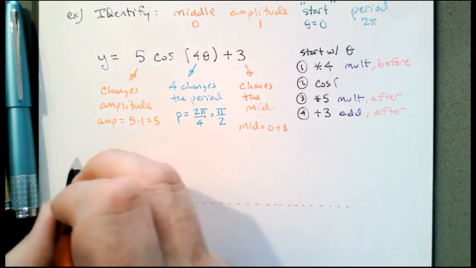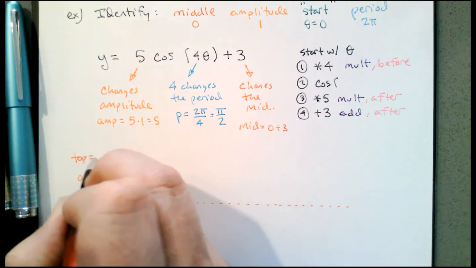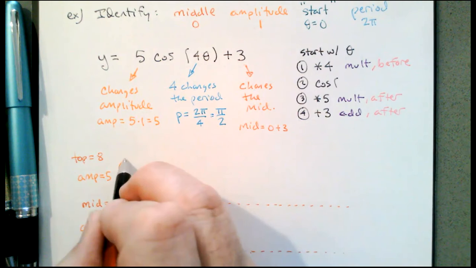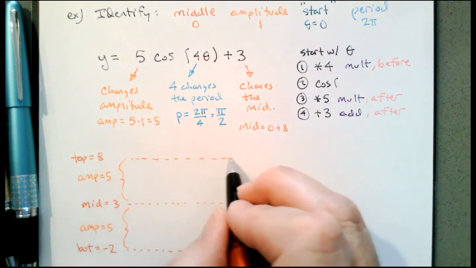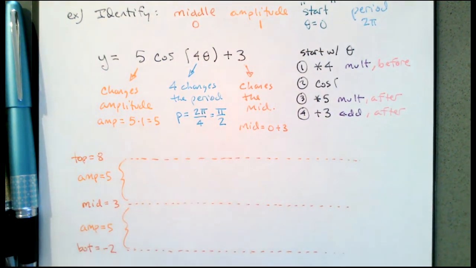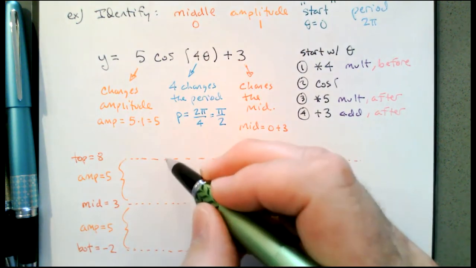That means the top will be at 8, and the bottom will be at 3 minus 5, which is -2. So now I know the top, the middle, and the bottom. I didn't change anything about the start value, so the default start is at 0.